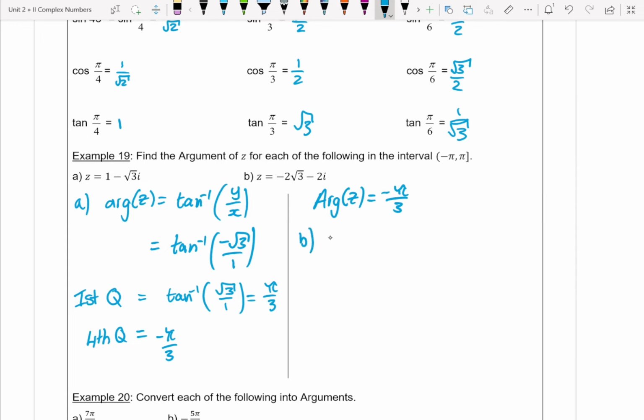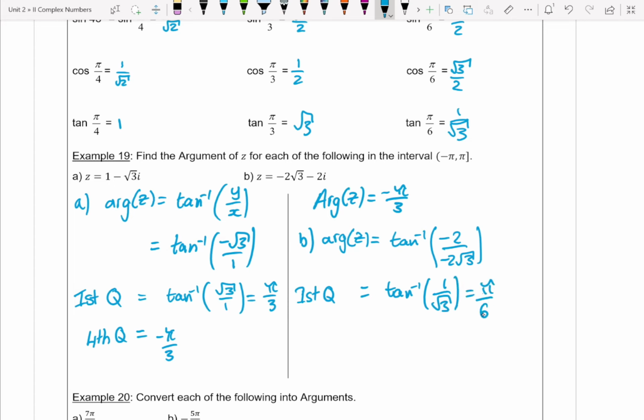For part B, similar process, arg of z is equal to tan inverse of negative 2 over negative 2 root 3. So that's going to be, in the first quadrant, tan inverse of just 1 on root 3, which is pi on 6. But we're not in the first quadrant. We've got a negative imaginary component and negative real component, so that puts us in quadrant 3.